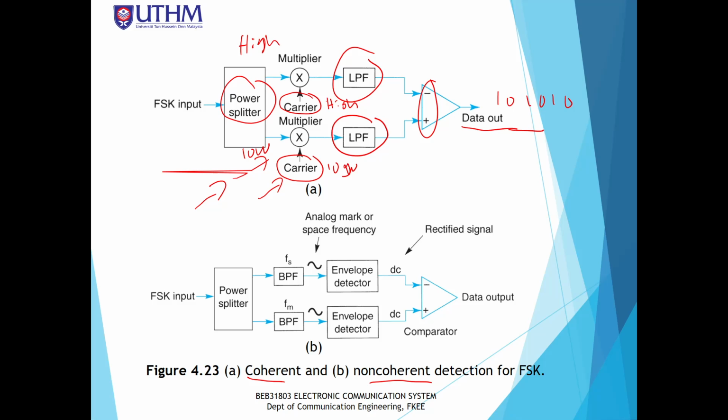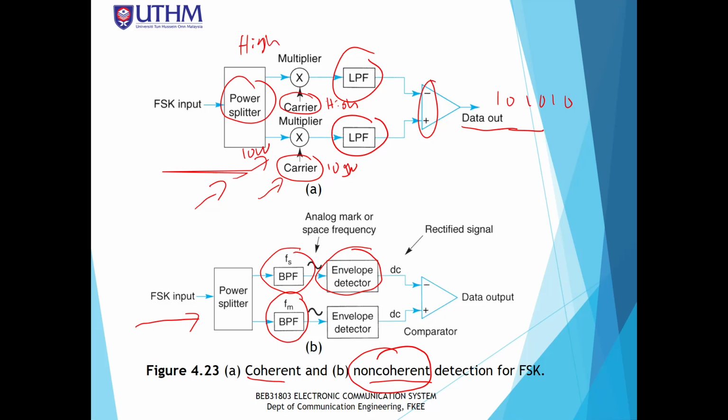Okay, so untuk FSK input, ini untuk non-coherent. Non-coherent means that kita tidak menggunakan carrier signal. Okay, so non-coherent tidak melibatkan carrier. So apa yang berlaku adalah menggunakan band pass filter untuk mengasingkan antara space frequency and also the mark frequency, and then masuk ke dalam envelope detector.